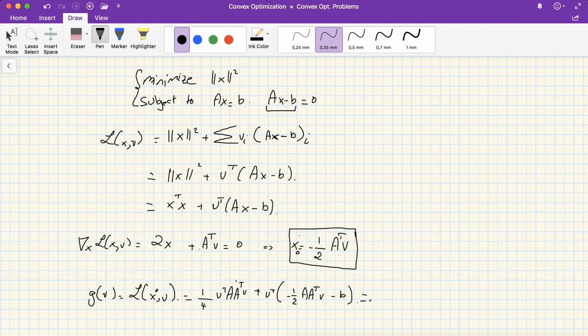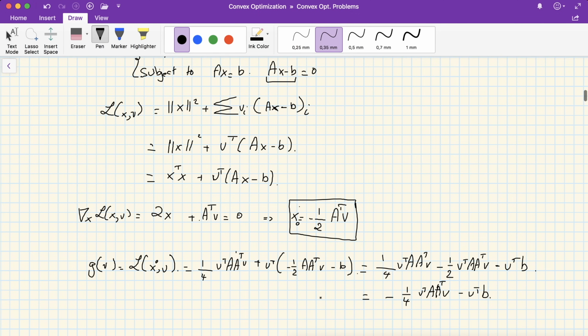Expanding, you will get a quarter times a term minus half times the same term. So you will get minus quarter nu transpose A A transpose nu minus nu transpose b, right? Finally, this is your g. This is your Lagrangian dual function over here. This is an analytical expression of your Lagrangian dual.